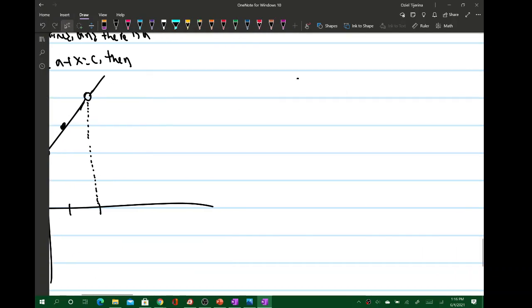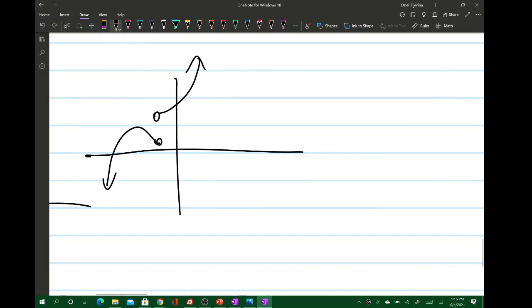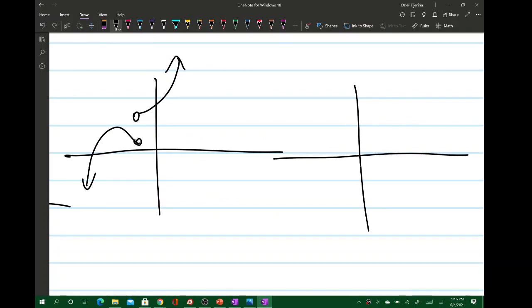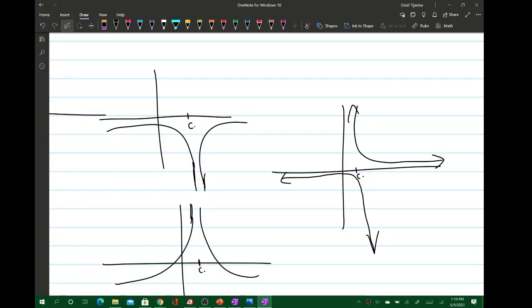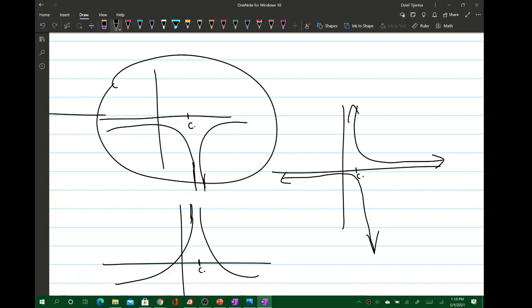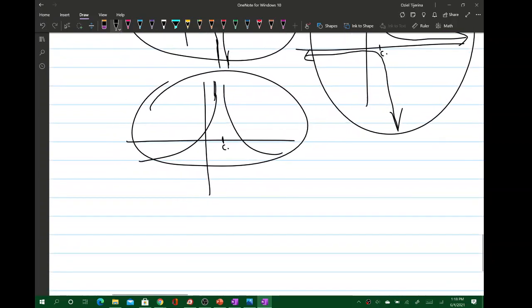Remember when we went over the difference between jump discontinuity, where we have something like this, and then we have like that, and then versus infinite discontinuity, where we have like, I'm just going to try to make one up. Hold on. So these three represent infinite discontinuity.